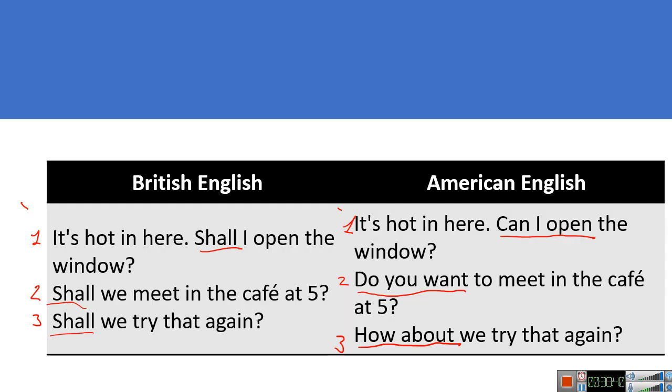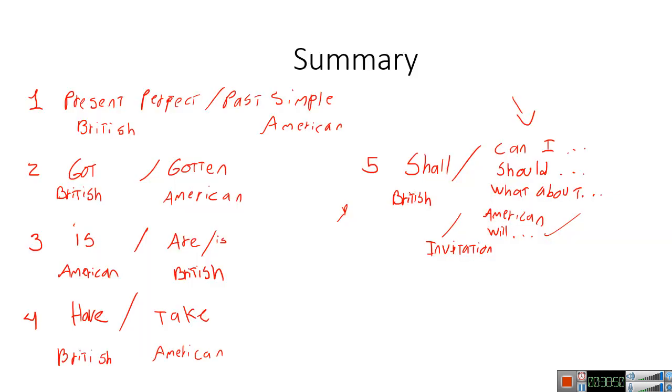These are the examples. It's hot in here. Shall I open the window? Whereas in American, it's hot in here. Can I open the window? The summary. And yeah, that's pretty much it. That was this lesson, Lauren.